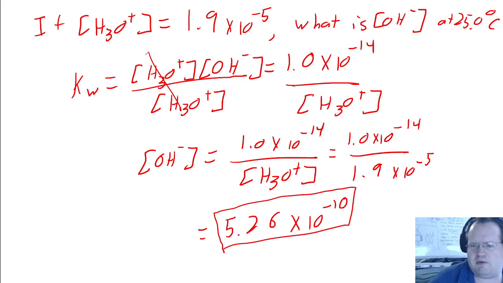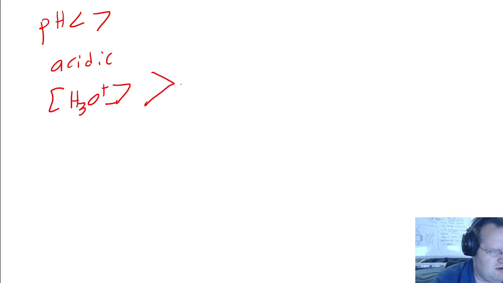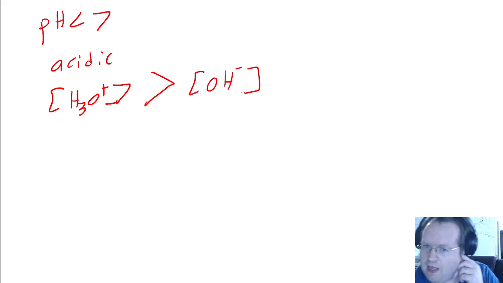Now, let's go back and relate these two values to how we know whether something is acidic or basic. I said in passing at the beginning of this video that when pH is less than 7, we're acidic. What this means is that the H3O+ concentration is greater than the OH- concentration. This comes from that relationship of Kw.